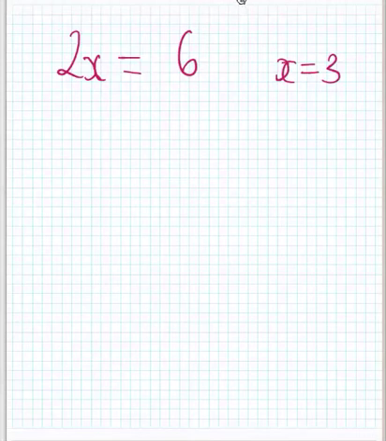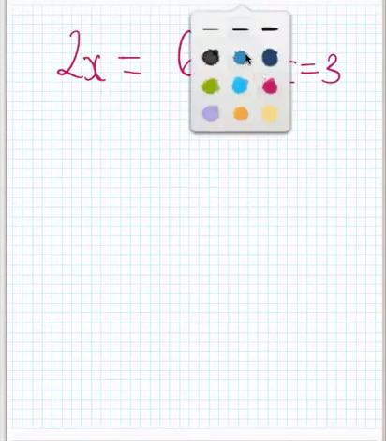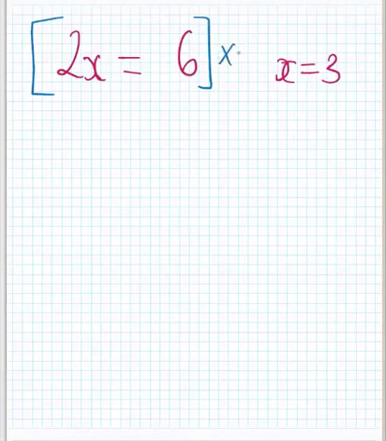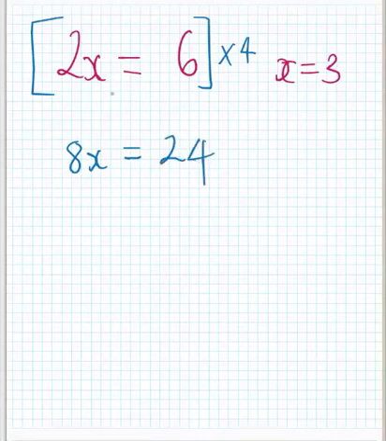If I, for example, multiply this whole equation, so I'll put brackets around it, and I'm going to multiply the whole thing. I'll pick any number. I'll multiply it by 4. Okay? So what I'm saying is I'm going to multiply this side by 4, the 2x, and also this side here. So I'll end up with 8x equals 6 times 4 is 24. Okay, so I've just multiplied both sides by 4.